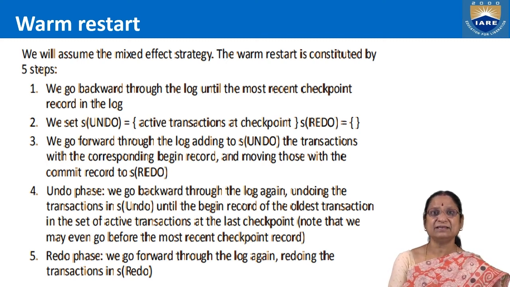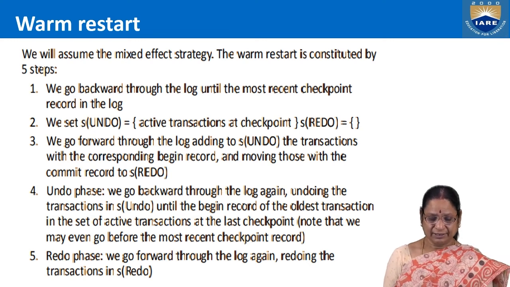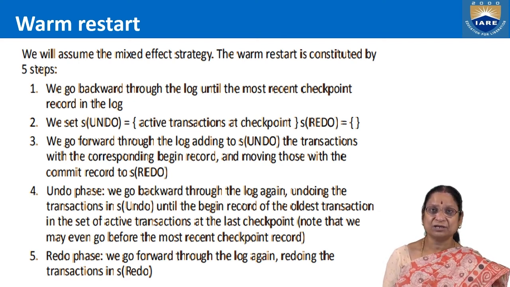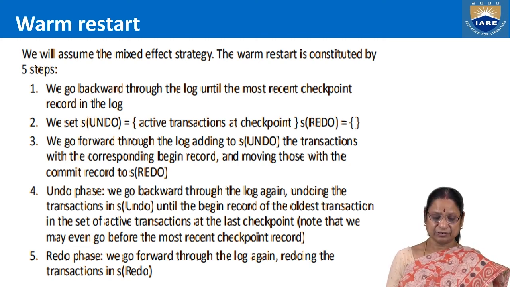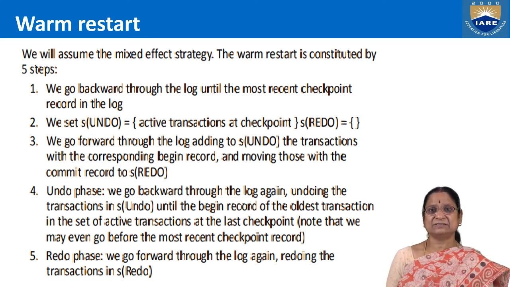Undo means replacing each update with the old value, till the last checkpoint occurs, and also for the transactions which started even before the checkpoint, up to where their start occurs.